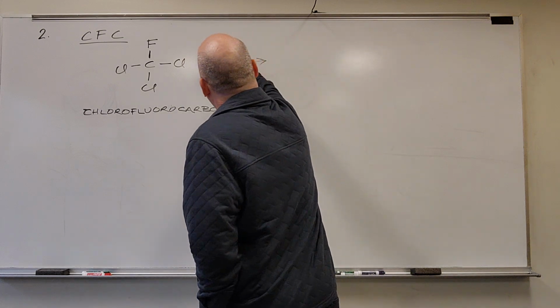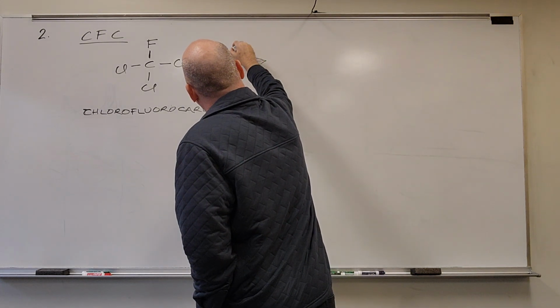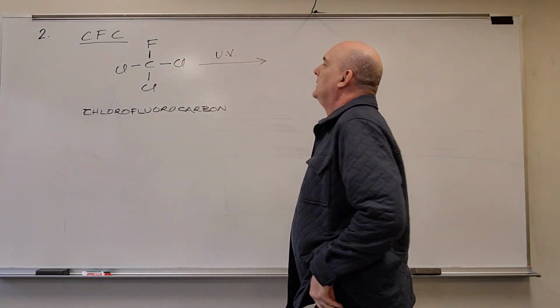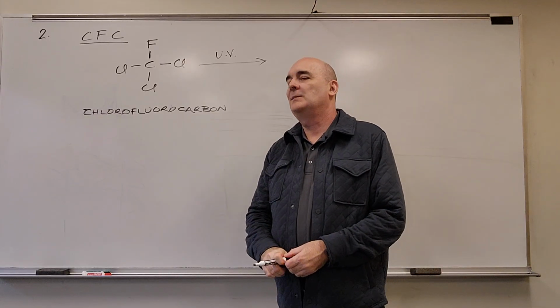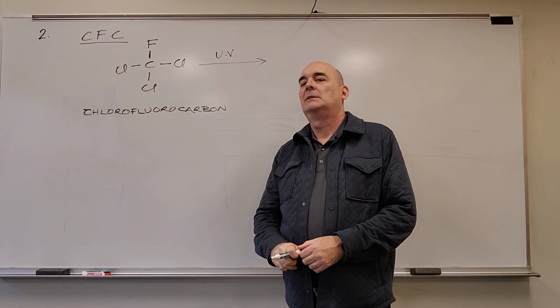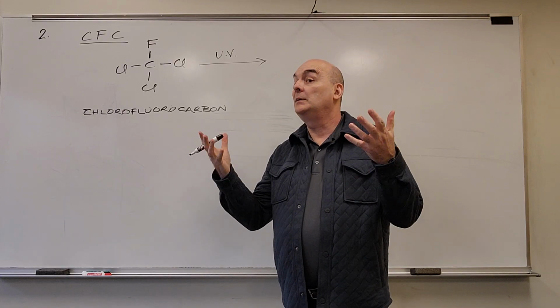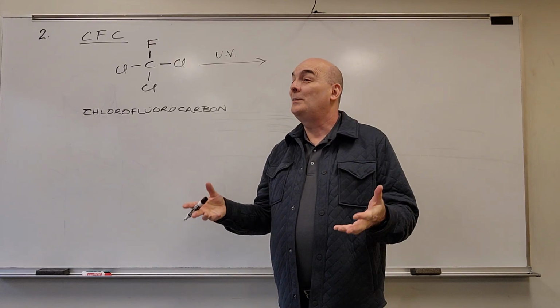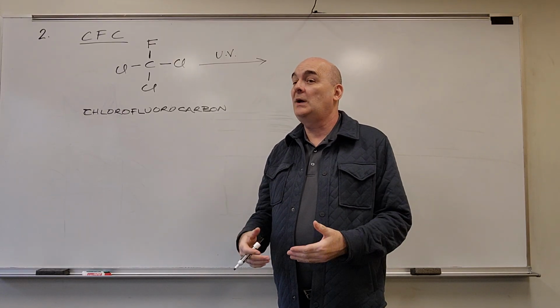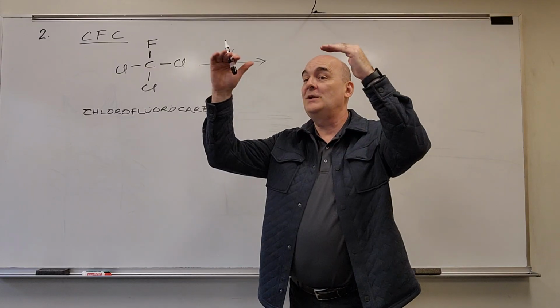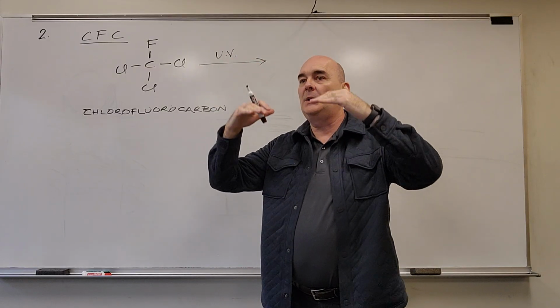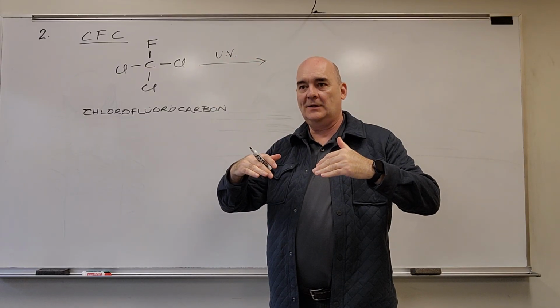Okay, well, this put into the atmosphere lingers around for a while, finds its way up to about the same place where the ozone is. The ozone is protecting everything below it from ultraviolet.